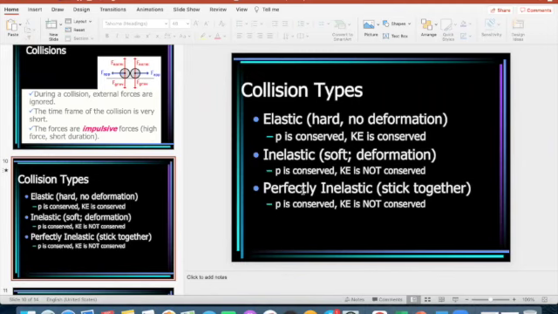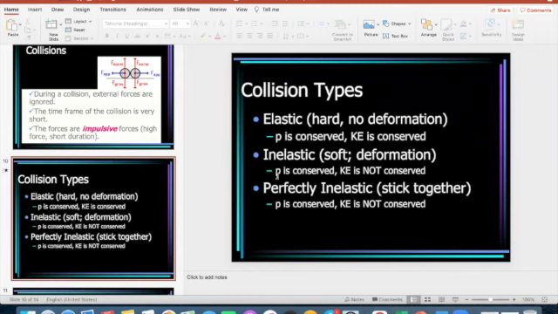And then last but not least is perfectly inelastic collision. This is where you have two objects that collide and they stick together. All right. So in this perfectly inelastic collision, we have momentum that is conserved and the kinetic energy is not conserved.